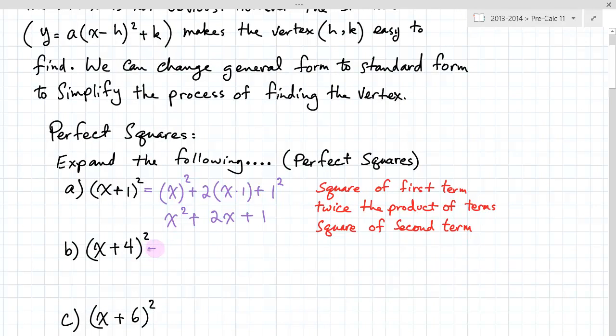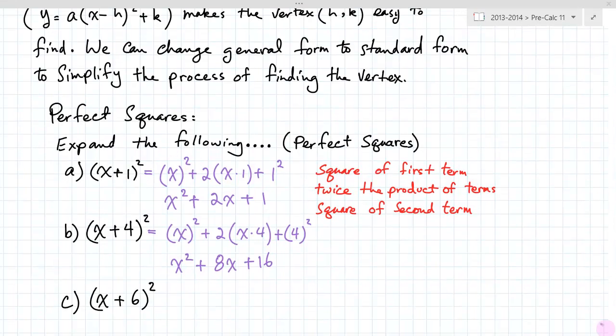So, take the first term, square it, twice the product of first term and second term, plus second term squared. It becomes x squared plus 8x plus 16. Next one.